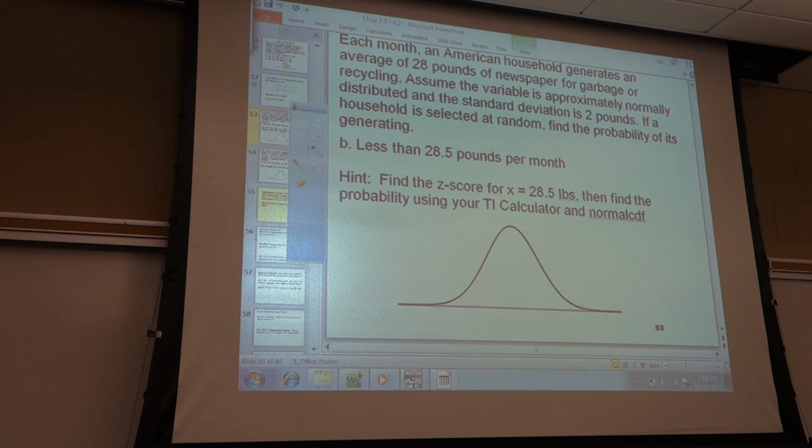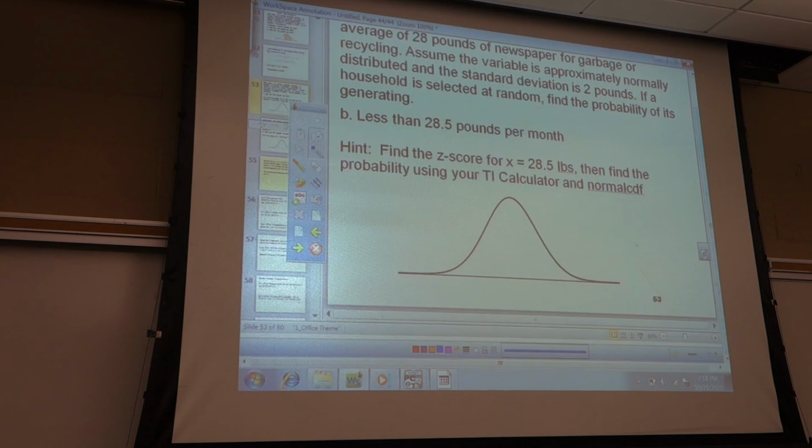Okay, so let's see. Need to find my z-score. So my z-score is going to be 28.5 minus 28 over 2, which is 0.25. So that's on the positive side, somewhere over here. 0.25, line straight up. And I'm going to shade on this side.